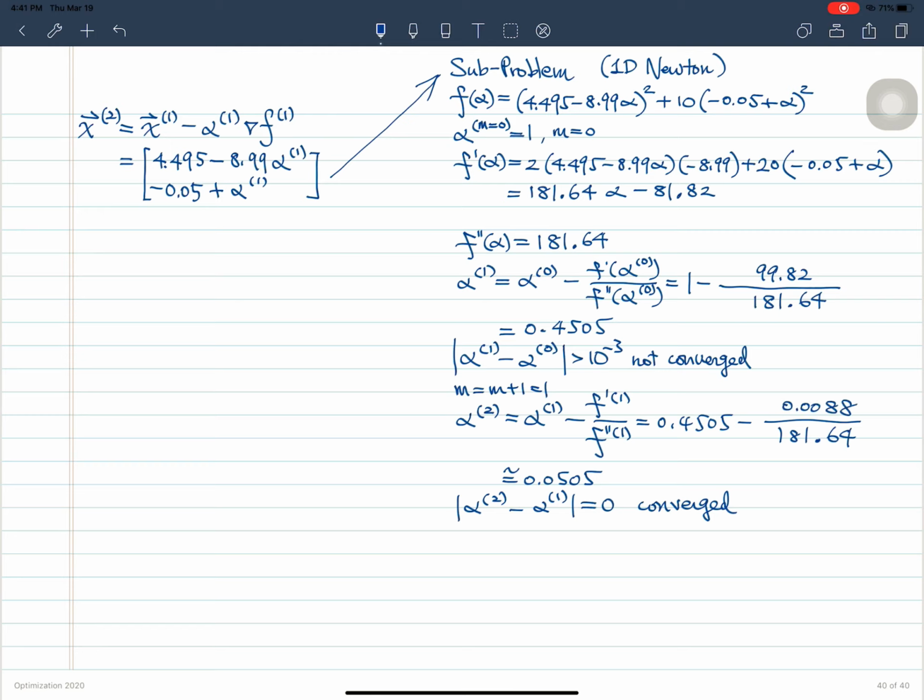So of course, you have the same value of alpha. So now you can plug back because converged.